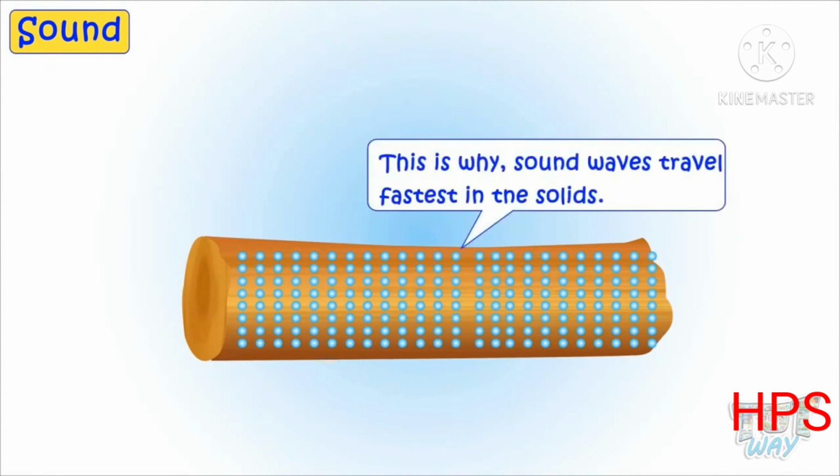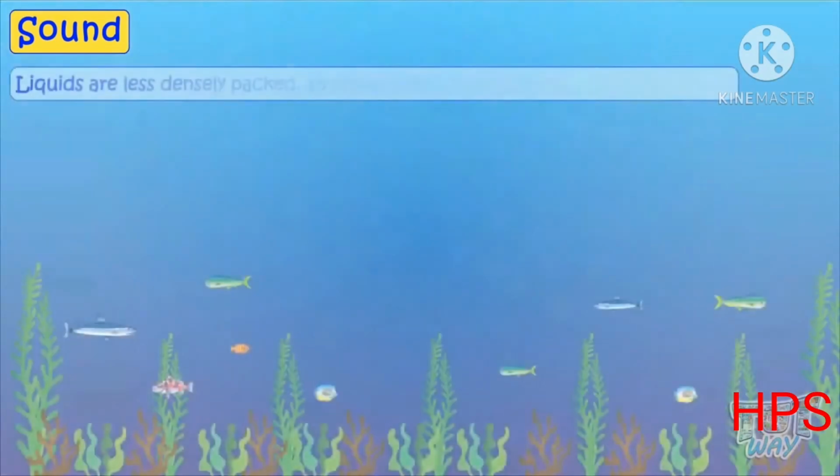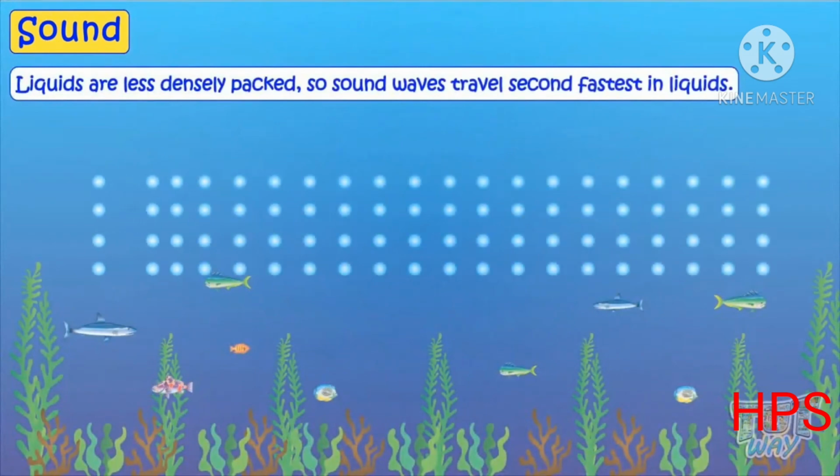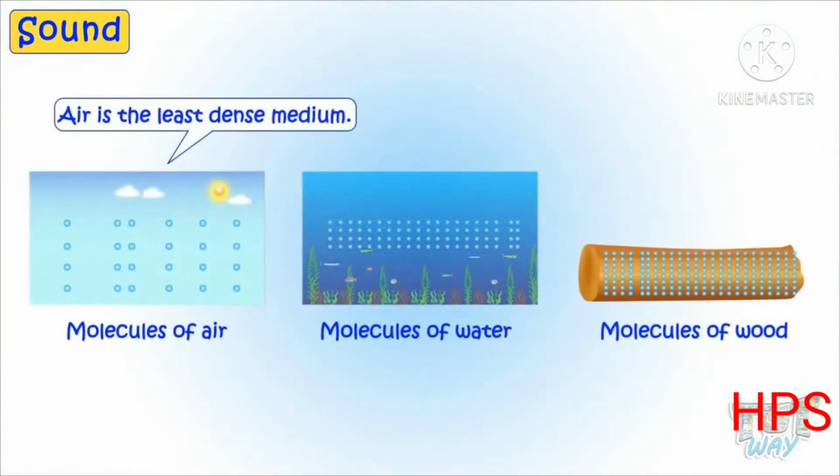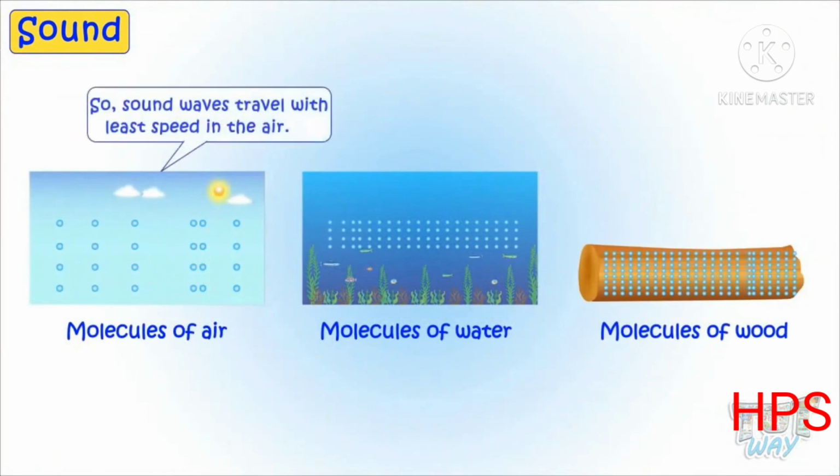This is why sound waves travel fastest in the solids. Liquids are densely packed, so sound waves travel second fastest in liquids. So we know very well air is the least dense medium, so sound waves travel with least speed in the air.